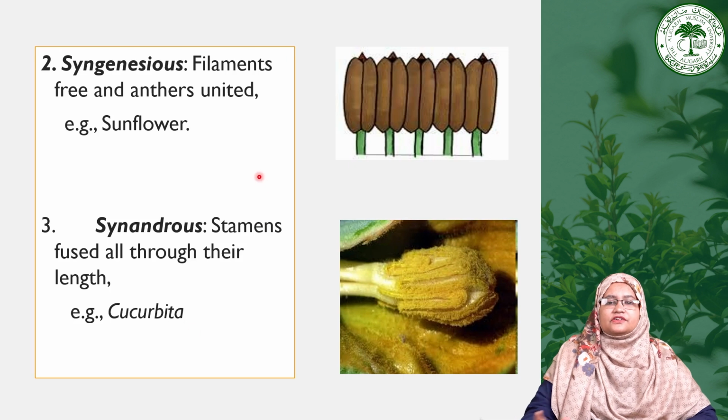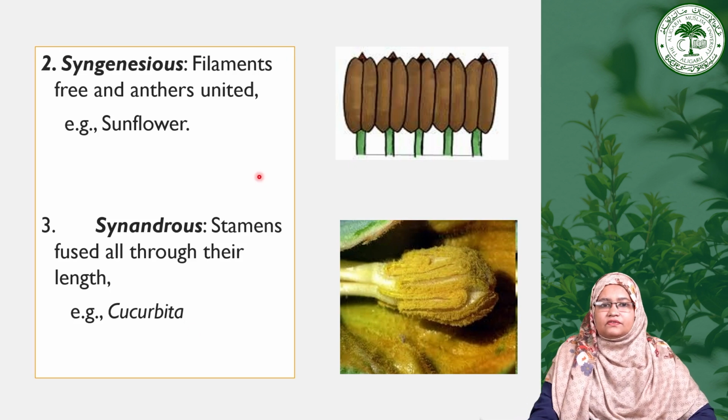The next one is syngenesious, in which the filaments are free, as you can see here, but they are united only by the anthers. As you can see, only the anthers are fused and the filaments are totally free. This is called syngenesious, present in the Asteraceae family. As you can see, the example is sunflower.